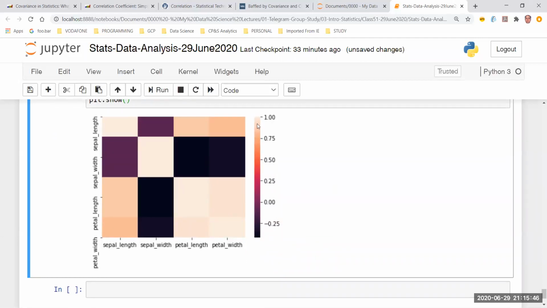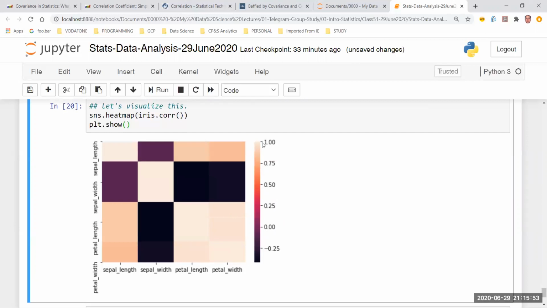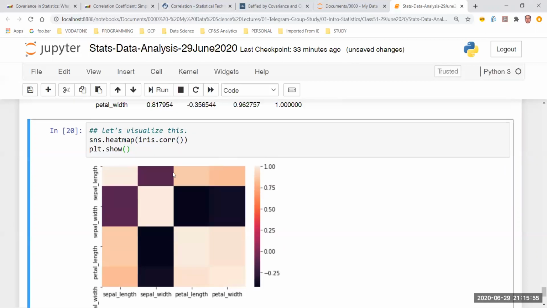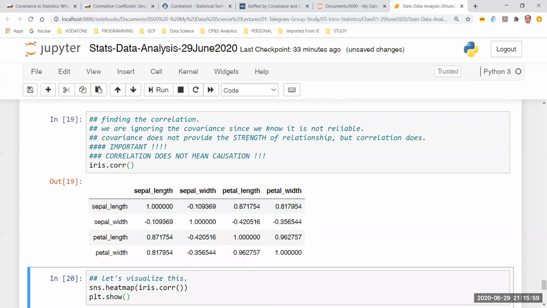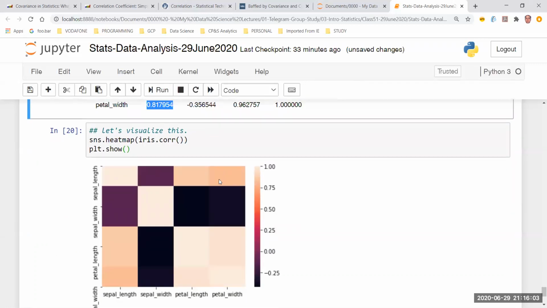It's very clear that anything in this orangey range is where I should be looking at a very good correlation, and that is happening here as well, right? So let's say sepal length and the petal width. If I go back to the table, sepal length and the petal width has a very good positive correlation. That is the reason why the color is almost near to white. But what about this petal length and the petal width?